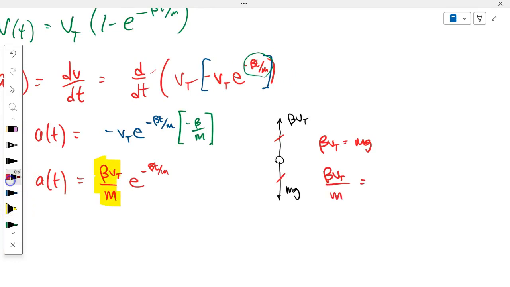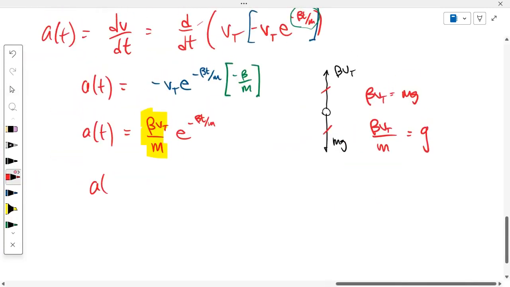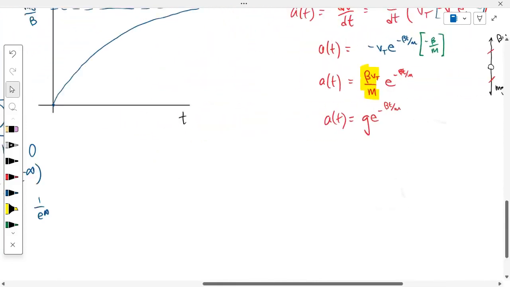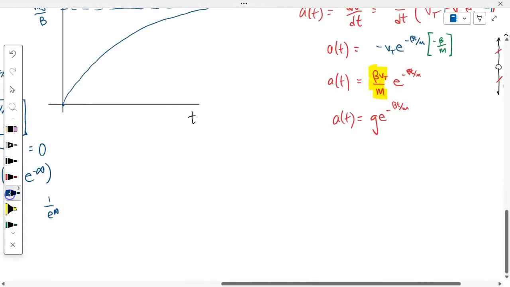This stuff. Guess what? It has some physical significance. It's g. Oh, yes, look at this. This object's acceleration as a function of time goes like this. Oh, that is gorgeous.